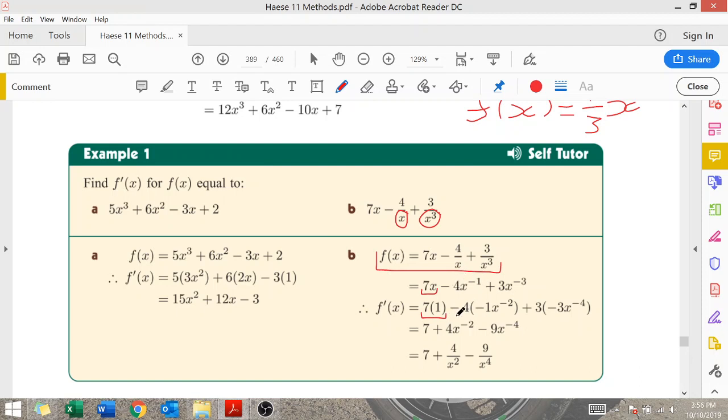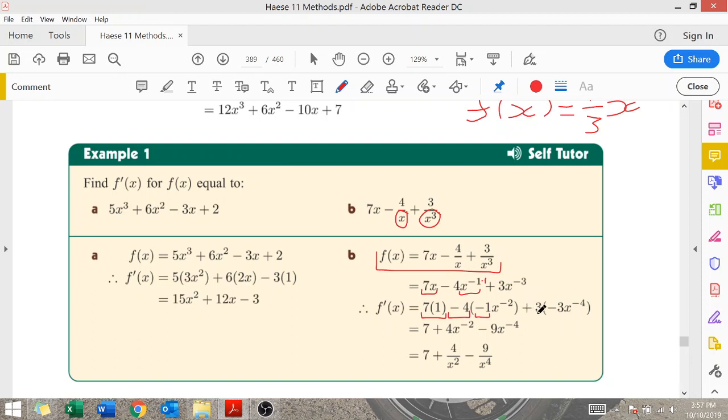Here, we do the same thing as before. The negative 4 stays out the front, and we get the derivative of x to the power of negative 1. So times by the power is negative 1, so times by negative 1. Take the power. 1 take 1 is going to leave you with negative 2. Then we'll tidy this up later.